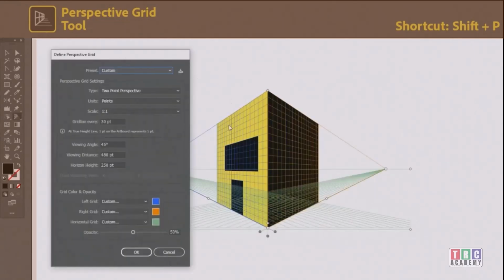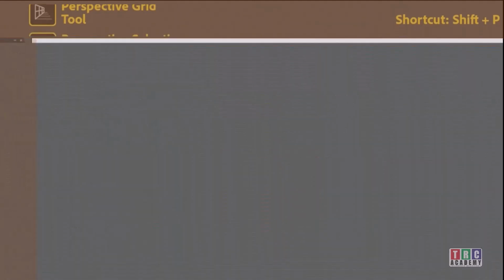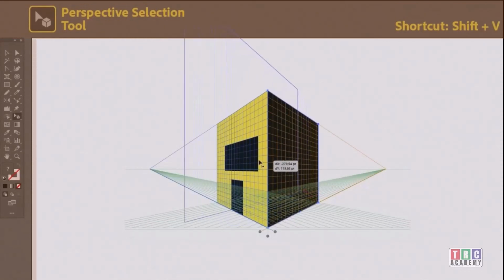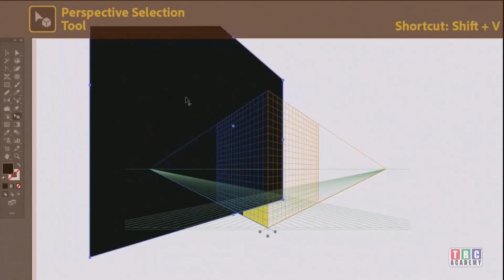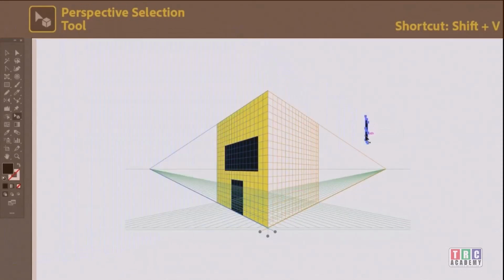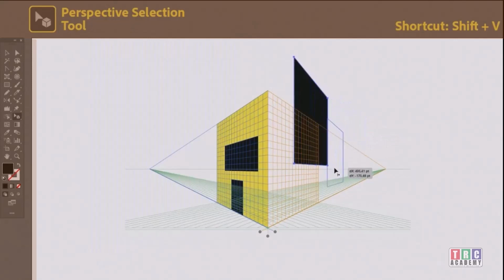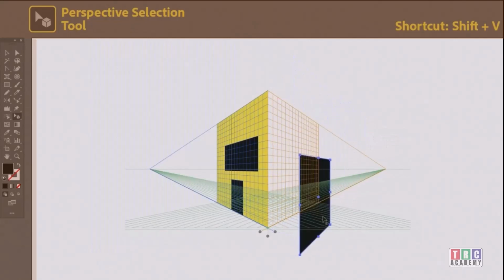You can close it so that the grid goes, and you can just change in the panel. You can just change to 2-point, 3-point or whatever. You can move like this, push up.